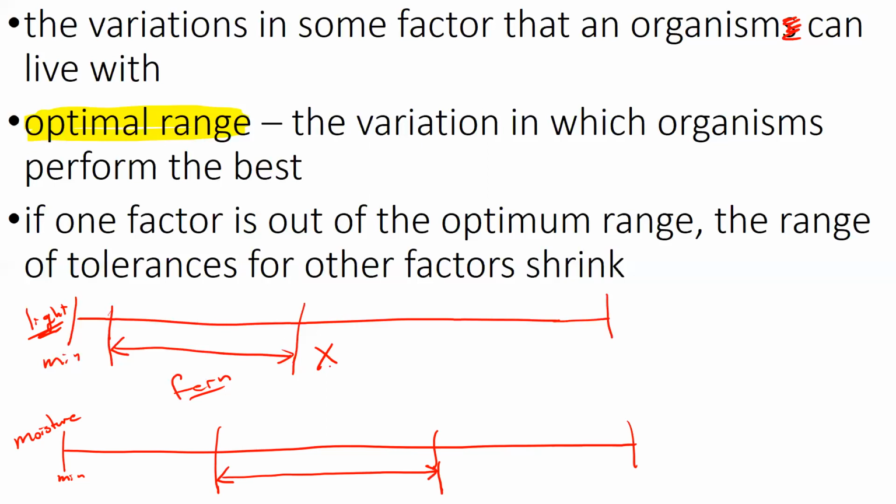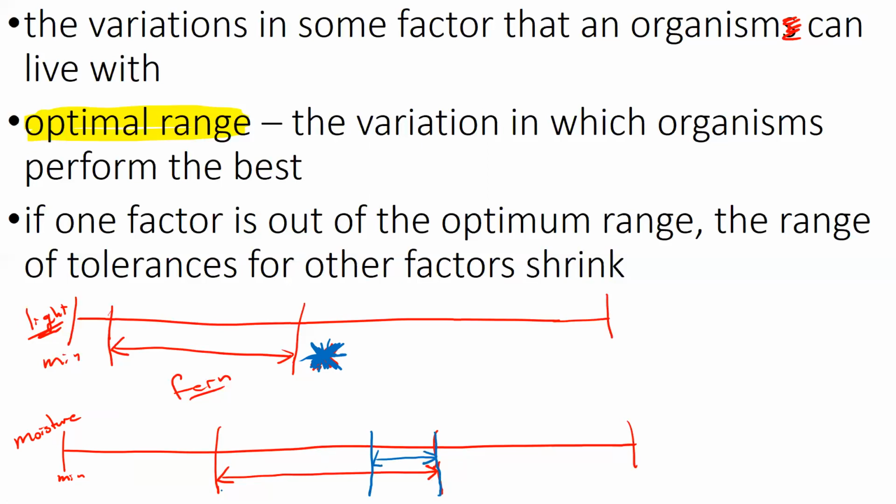So if the fern is trying to live here in its range of tolerance, but outside of its optimal range, it's not going to be able to tolerate this broader variation in moisture. If it has to live here, let's see, I'm going to change colors. If it has to live here, outside of its optimum range, then the range of tolerance for moisture will shrink.